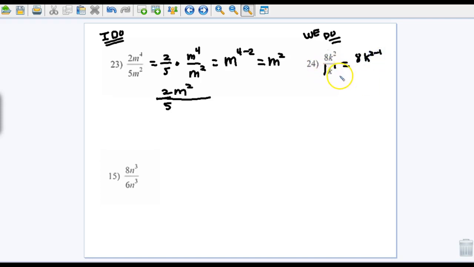That eliminates my fraction, right? Because this is all moved up to the top. And my answer is going to be 8. K squared minus 1 is k to the 1, right? 2 minus 1 is 1, which is simply 8k. Right? Very good.